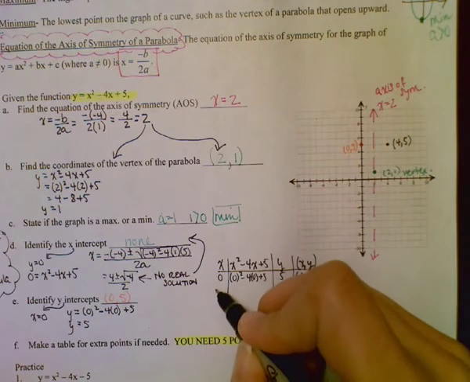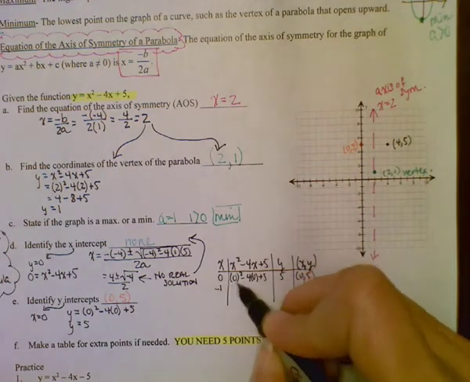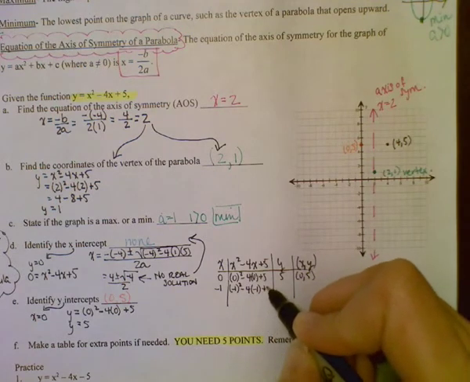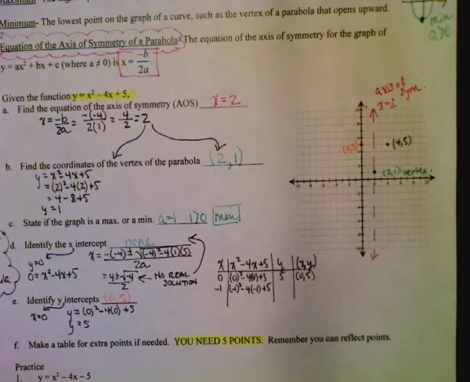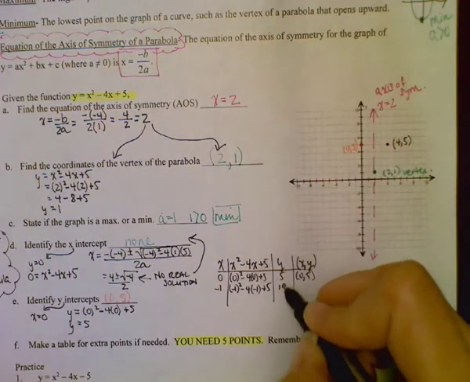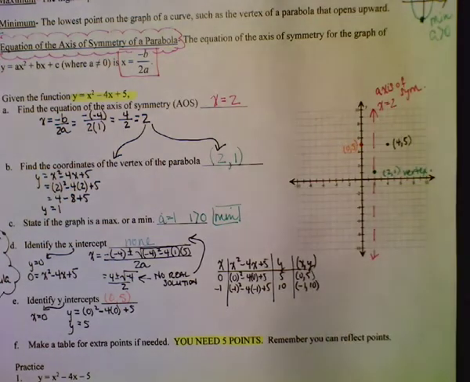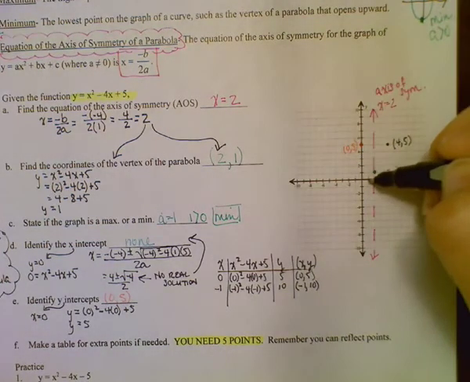So I can take -1 for x, and I can just plug that -1 into my equation, and that's going to give me a +10. So that gives me an ordered pair of -1, +10. I could just as easily have picked +1.